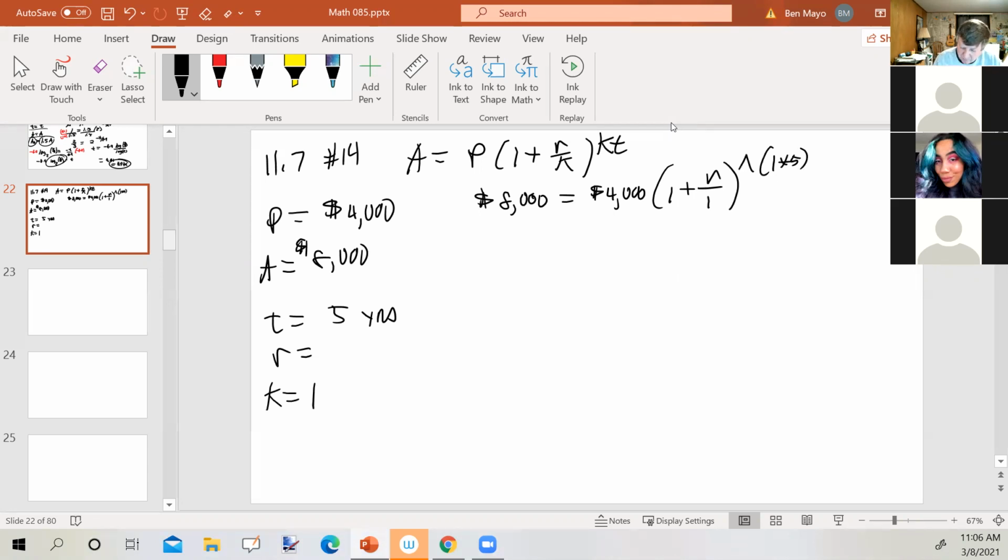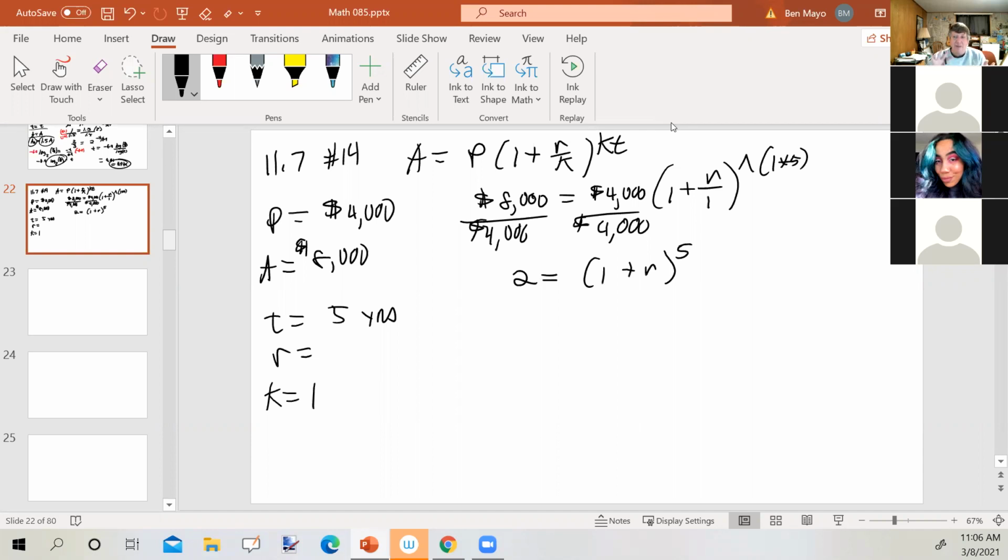Okay, so I'm going to do a couple of things here. I'm going to divide both sides by $4,000. So I get 2 equals 1 plus R. R over 1 is just R, and 1 times 5 is just 5. Now's where things get a little bit tricky, because we're not solving for the exponent, we're solving for R, which is inside.